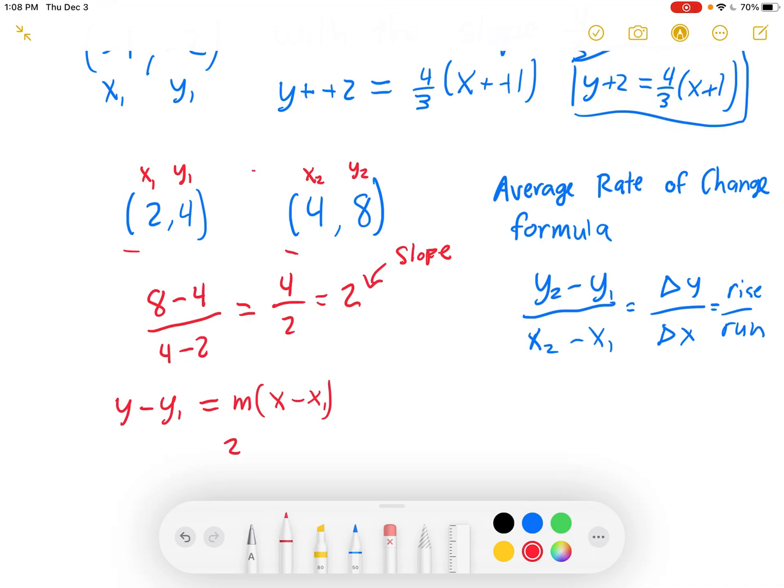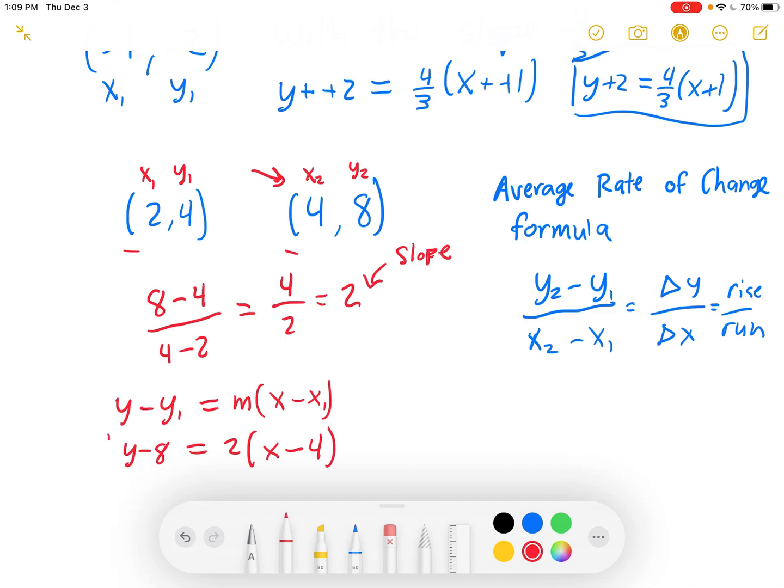I think I'll pick the point on the right, because 2 is our slope, and I don't want it to be confused with the 2 in the x1, but you could do the other point as well, and that would give you the same results. y - 8 = 2(x - 4). There we go.